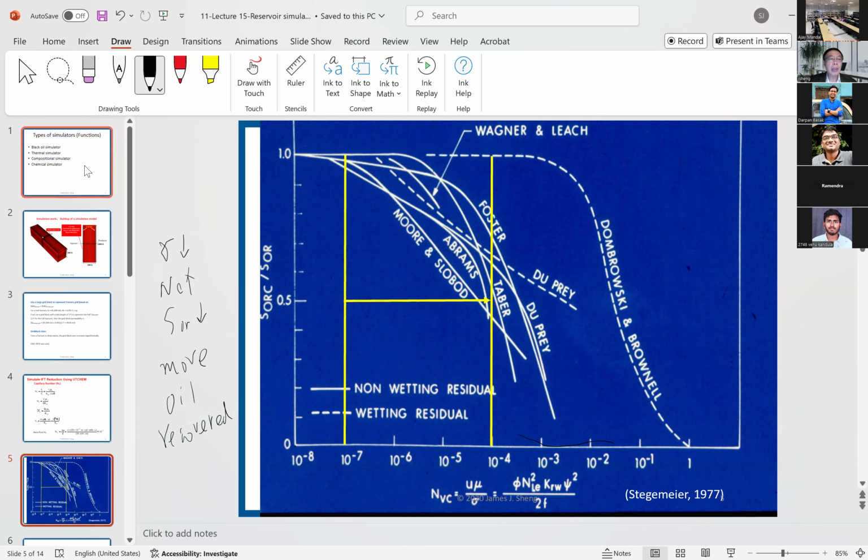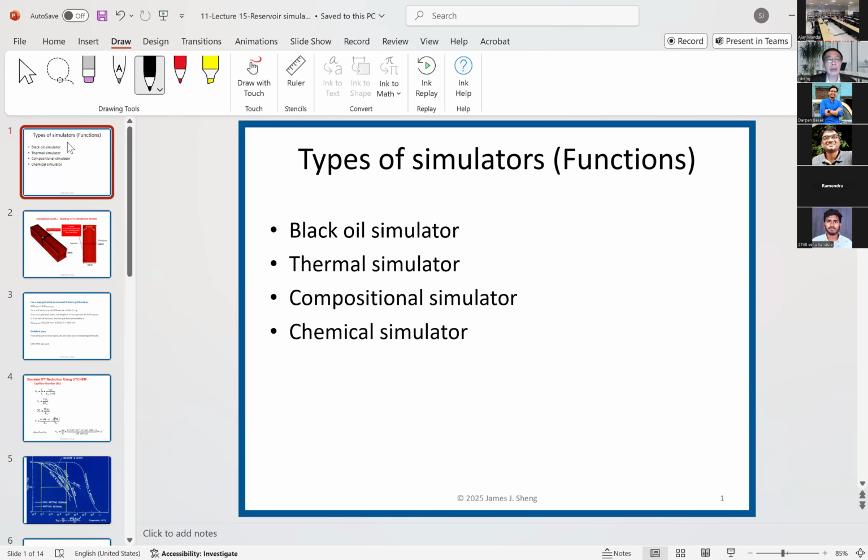And next, we're going to talk about today's class. We talk about simulation. Okay. So first, simulators based on function: we have the black oil simulator. What is a black oil simulator?